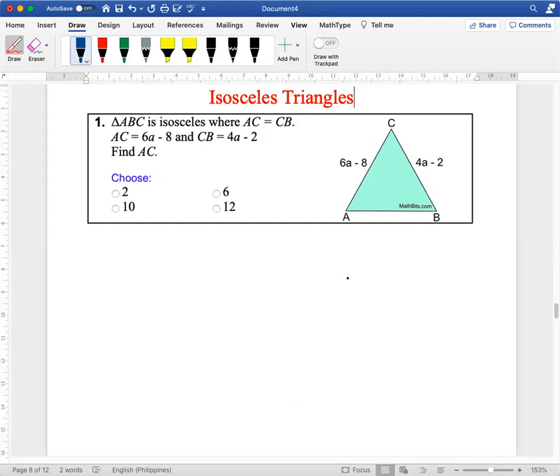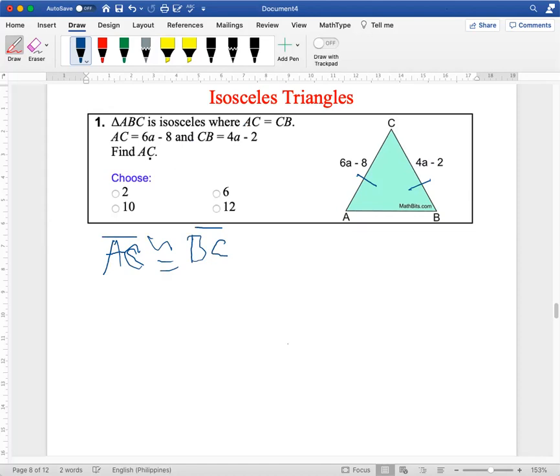Since the given triangle is isosceles, then we could say that AC is congruent to BC. The segment AC is congruent to segment BC.